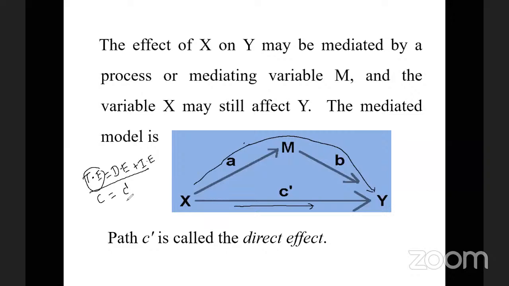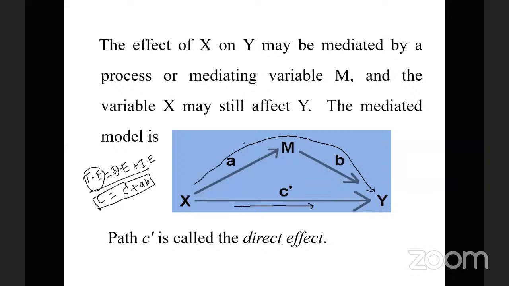We should keep these notations in mind. A times B: A means the regression coefficient of X and M, and B means the regression coefficient of M and Y. So this is our equation. When I talk about C, it means the total effect, and I am not including the mediator variable.